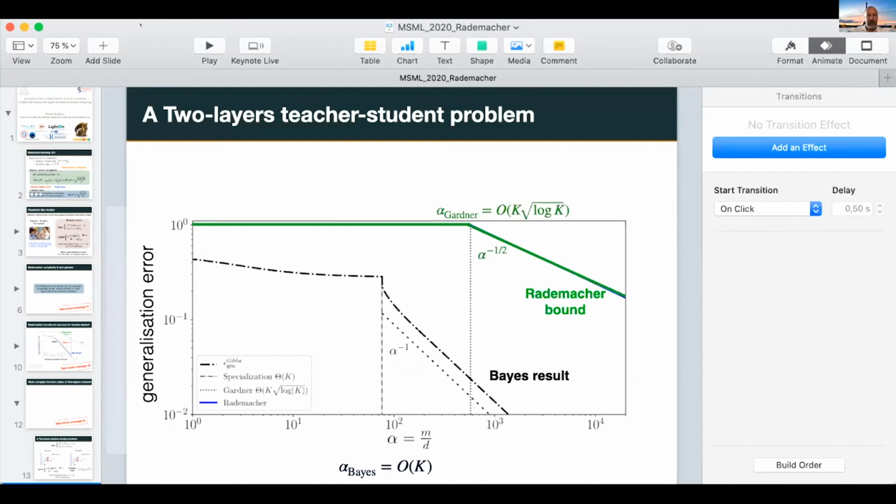And they need a really huge number of samples to give something better than random. You need to have alpha larger than k square. So it's really terrible, actually. Algorithmically, this problem seems to be very, very hard. I see, okay, thank you.